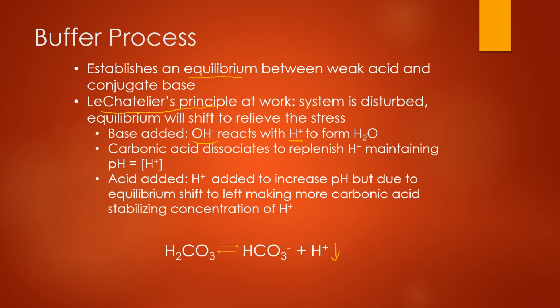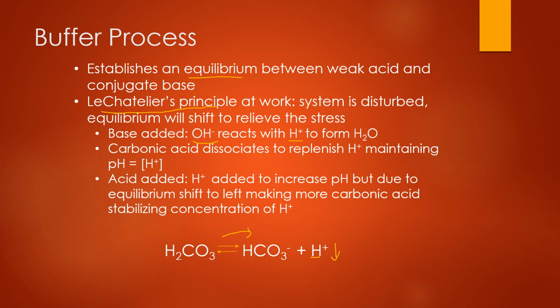Equilibrium is going to shift toward H plus to form more of it. And remember, H plus determines the pH of a system. The concentration of those H plus ions equals the pH. So as long as we can replace those H plus ions that are being taken away, we can maintain the pH.